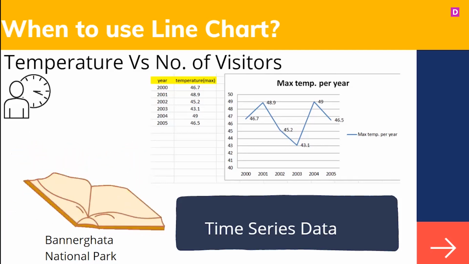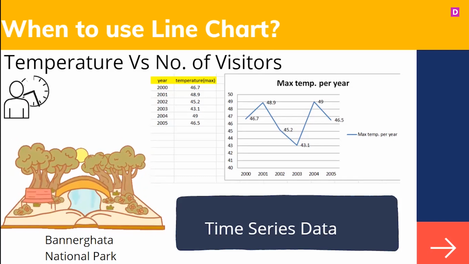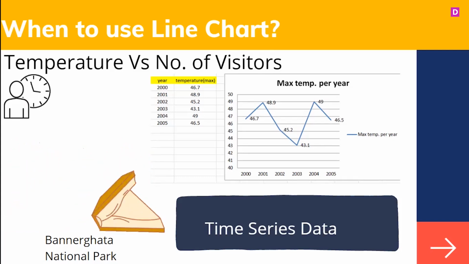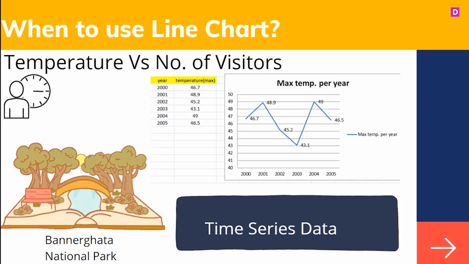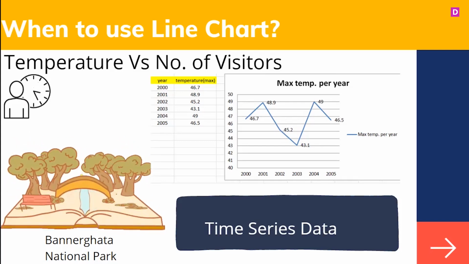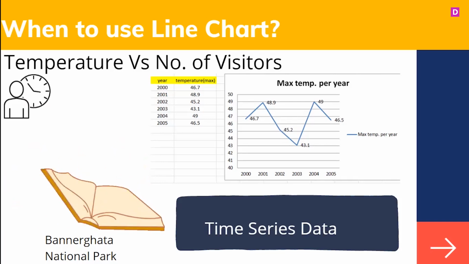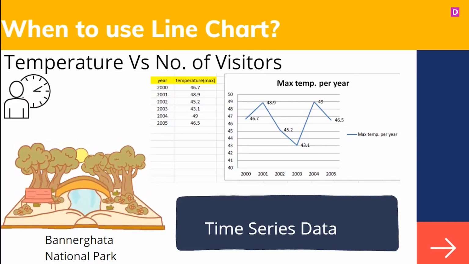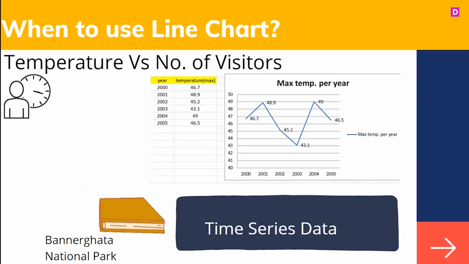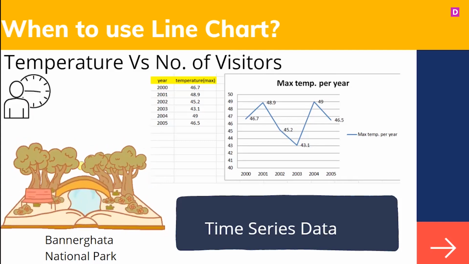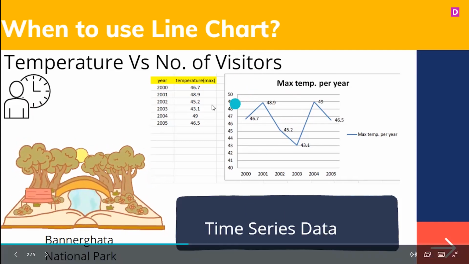For every observation, you will be having a pair, and then that pair of points becomes a point, and then you will try to join all the points. I hope you understood what I'm speaking about.